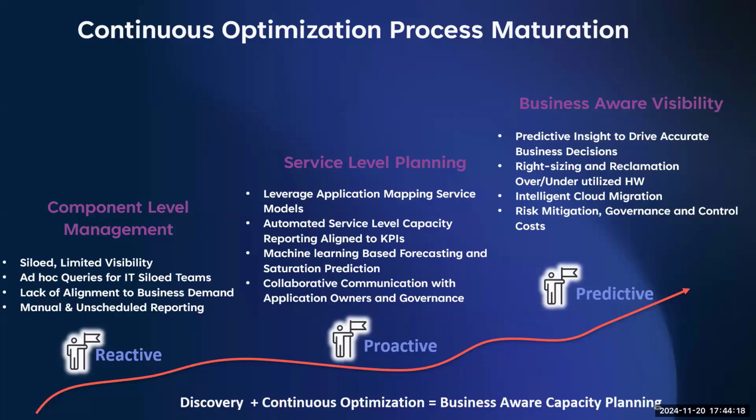And then you want a capacity tool that's going to marry all of those real-time performance metrics that you're collecting with that topology of those service models, and then ultimately you'll be able to get to business-aware capacity planning. This just shows a journey as to how you can get there and what the difference is between component level management, service level planning, and business aware visibility.